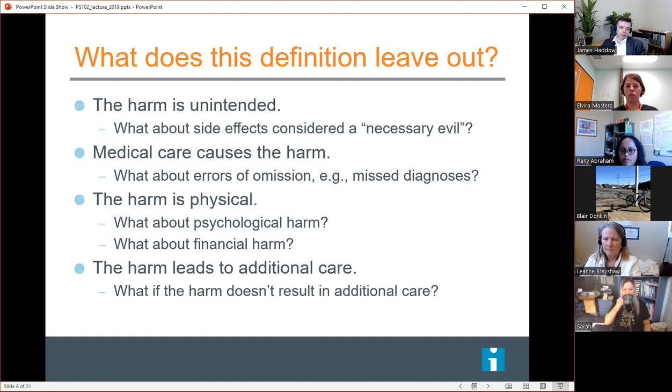That's harm. Harm is physical, but it's also psychological and financial, and also the notion that harm leads to additional care. But what if it was a minor harm and the patient just lived with it or got over it by themselves? That's still harm, even though it didn't require that.